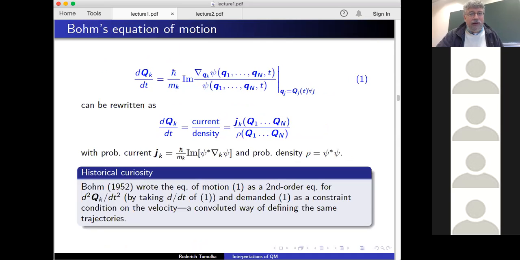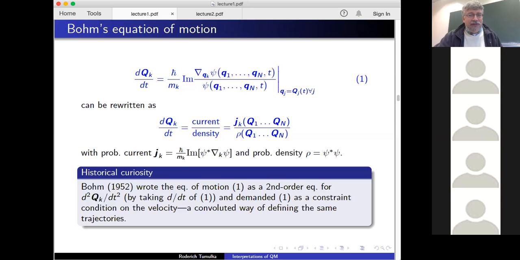Here is another remark on different ways of writing Bohm's equation of motion. And that's partly because in the literature, you will sometimes find Bohm's equation of motion written in different ways, and partly because you need to understand certain properties of the equation of motion, and some of these properties are best understood if you write them in particular ways.